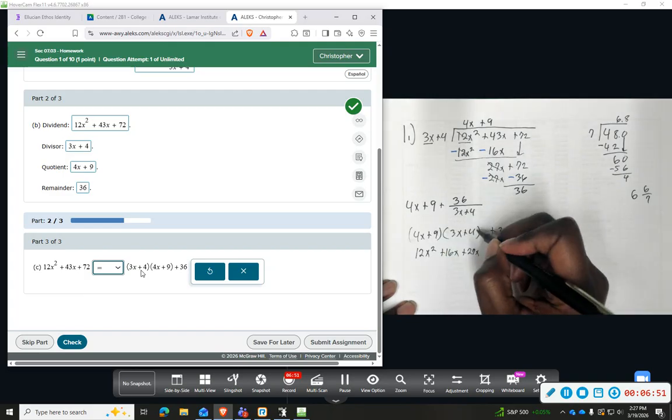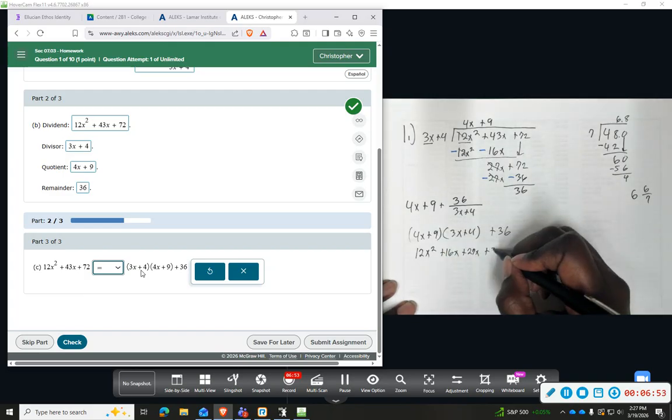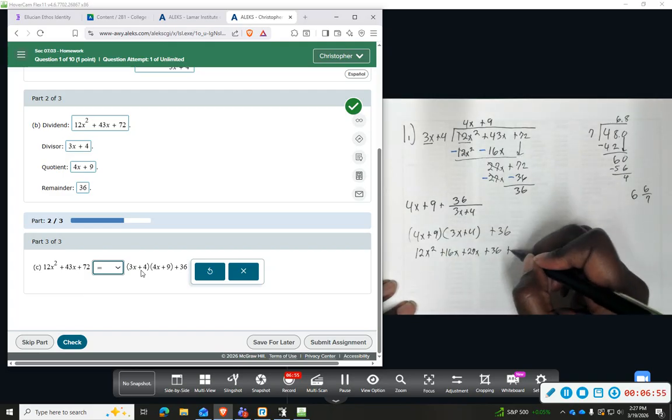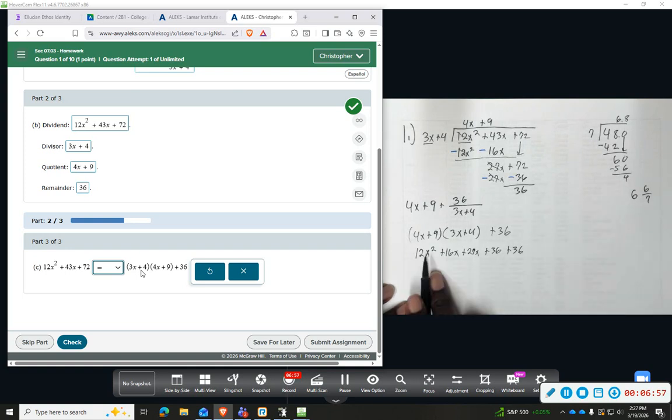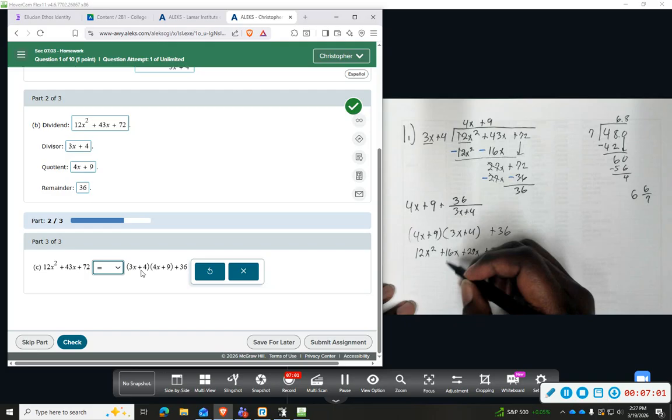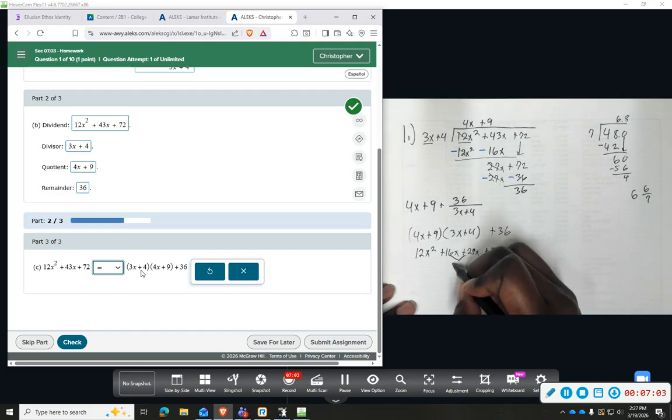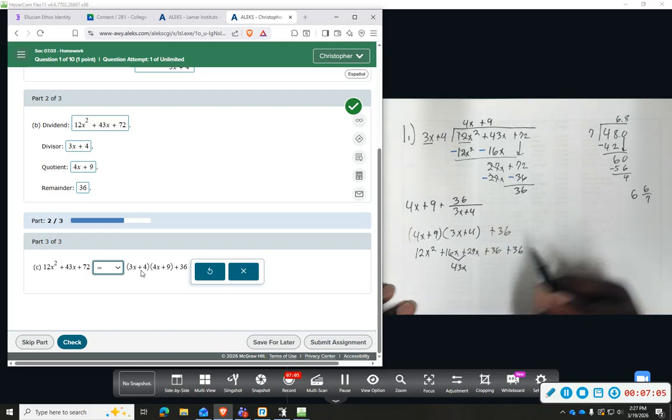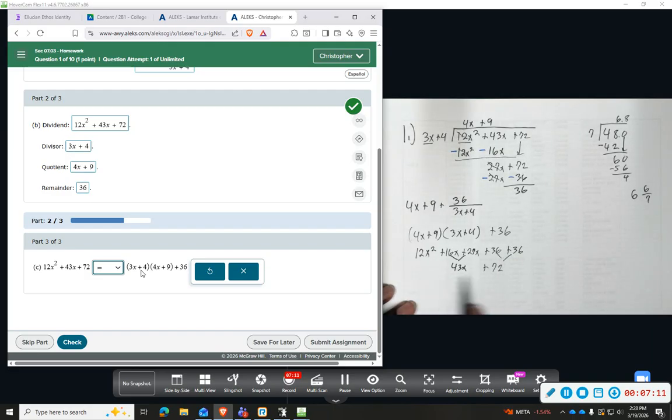And then 9 times 4 will give us a positive 36, and then plus this 36 at the back. So we got our 12x squared, 16 and 27 add to give me 43x, and then the 36 plus 36 add to give us positive 72. So we can verify that this is equal to what we started with.